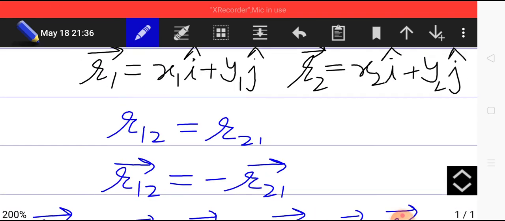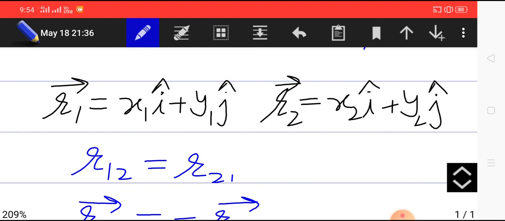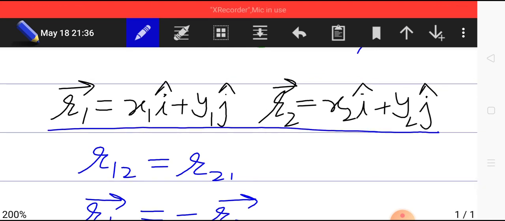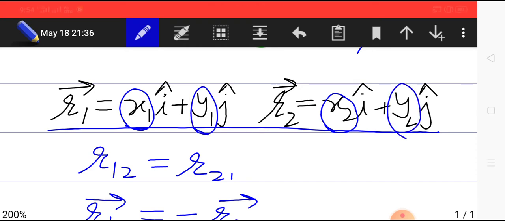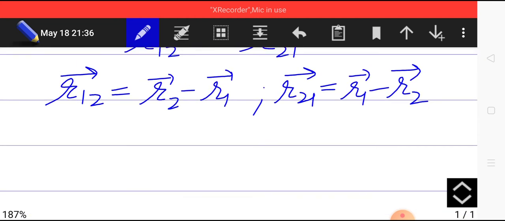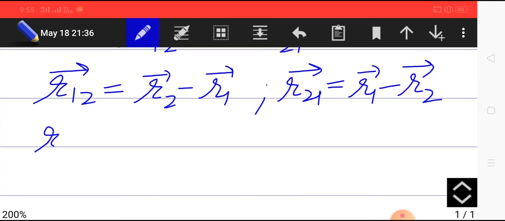And you already know about r1 and r2 vectors. So if you subtract, you subtract only the corresponding components, like we will subtract x1 from x2 and y1 from y2. So if I write the r12 vector, it is r2 minus r1.